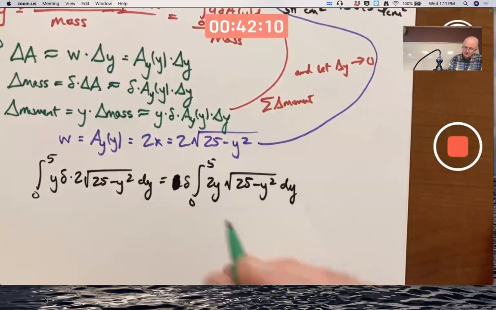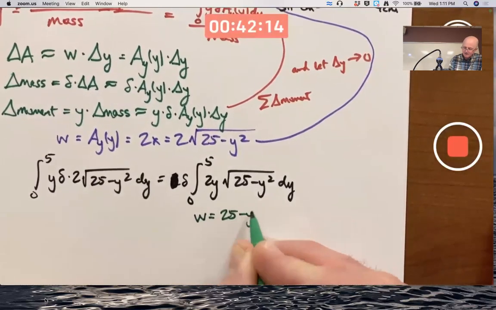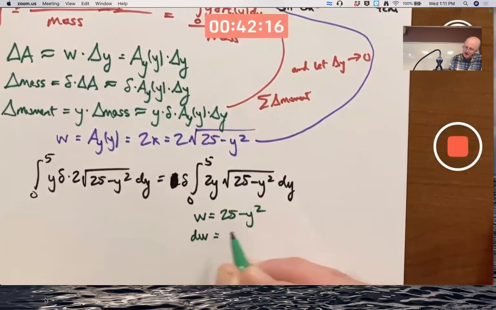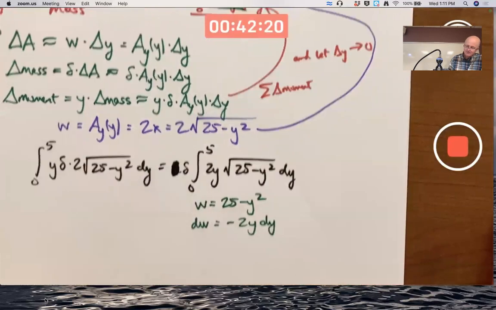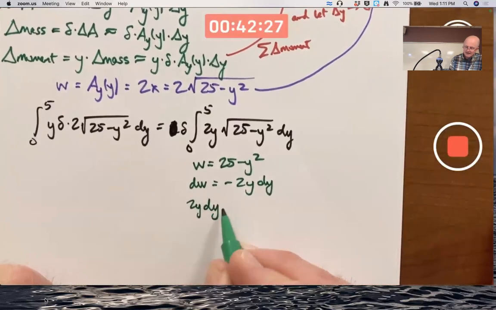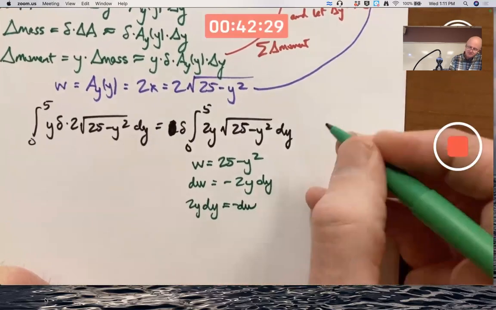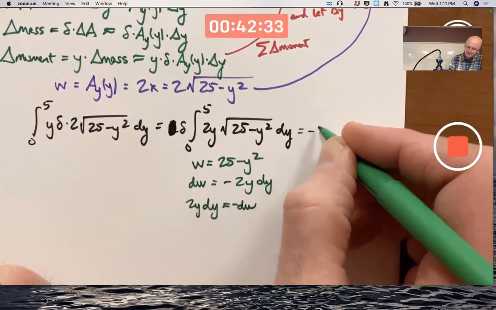You can do an ordinary substitution, w equals 25 minus y squared, because then dw will almost be there for you, except for the minus sign. 2y dy is going to be negative dw. I can bring the negative sign out front if I like.